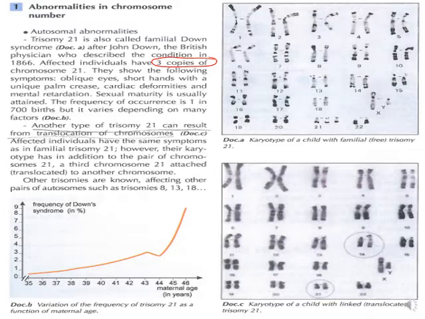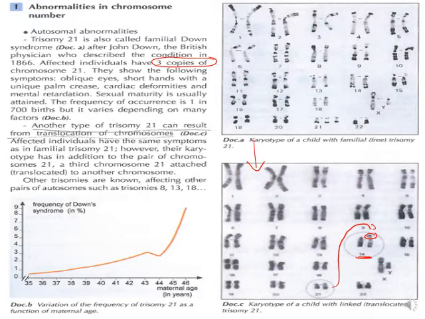Another type of trisomy 21 can result from translocation, as shown in document C, where affected individuals have the same symptoms as those of trisomy. However, their karyotype has, in addition to the pair of chromosome number 21, a third chromosome attached or translocated to another chromosome. Here, a piece of chromosome 21 was translocated to chromosome 14.